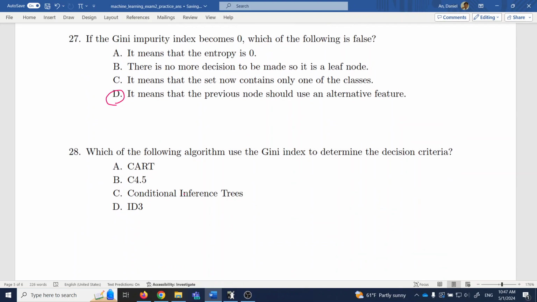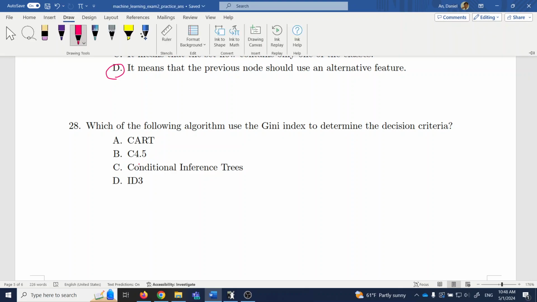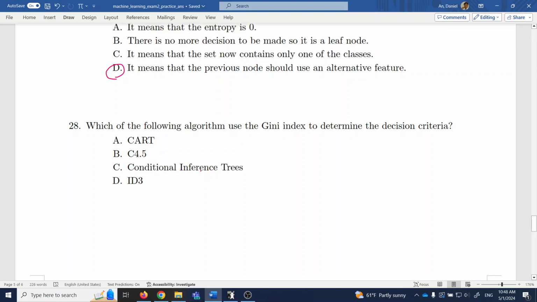Now, which of the algorithms uses Gini index to determine the decision criteria? Well, I don't know what conditional inference trees are, but I do know that it uses something other than the Gini impurity index nor the entropy.